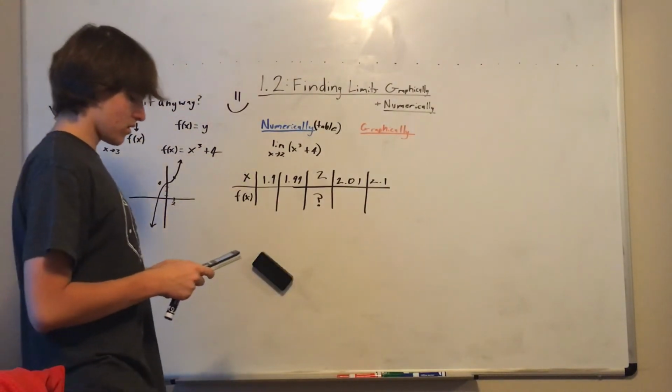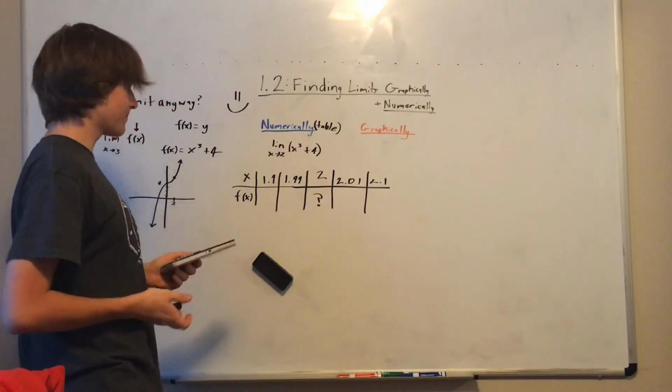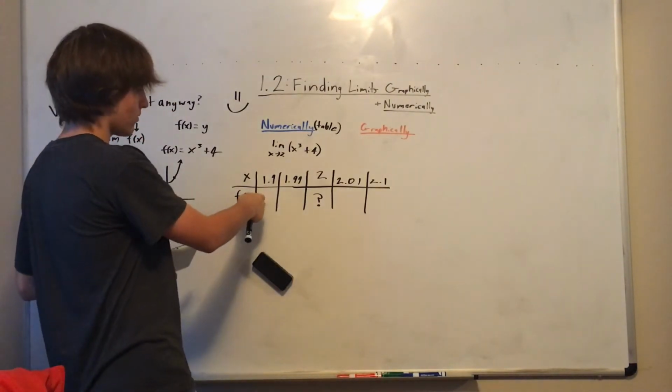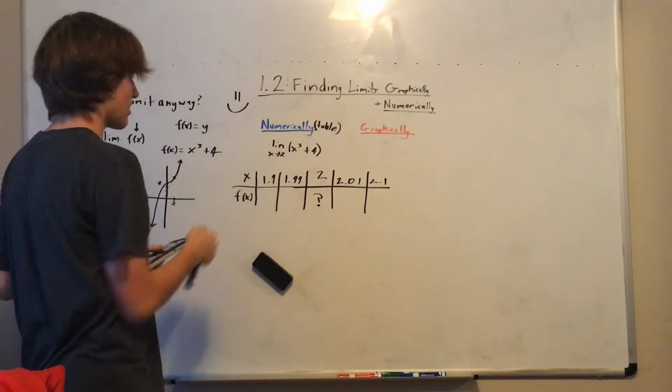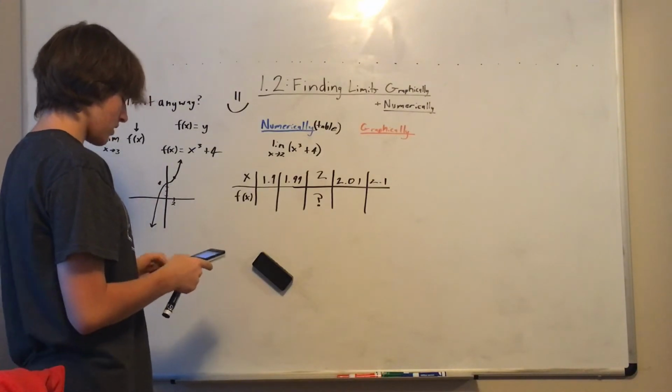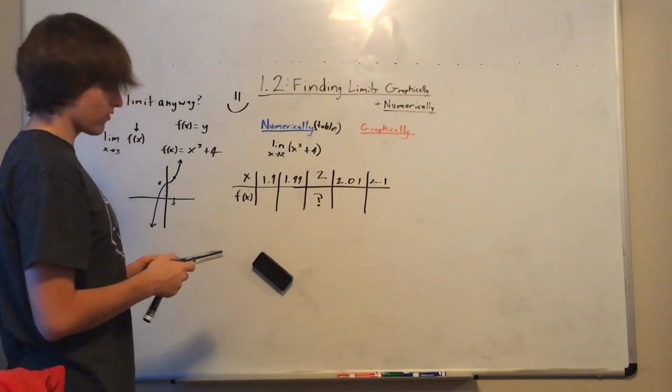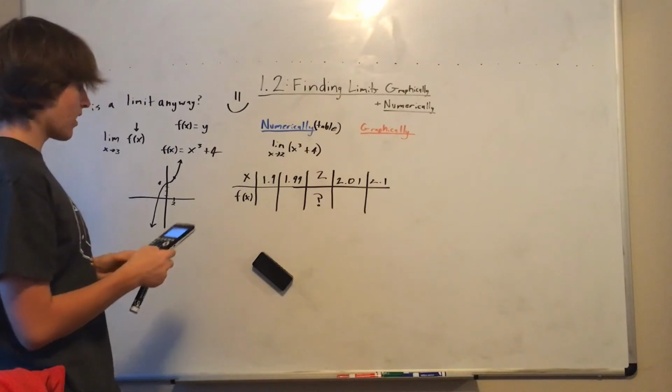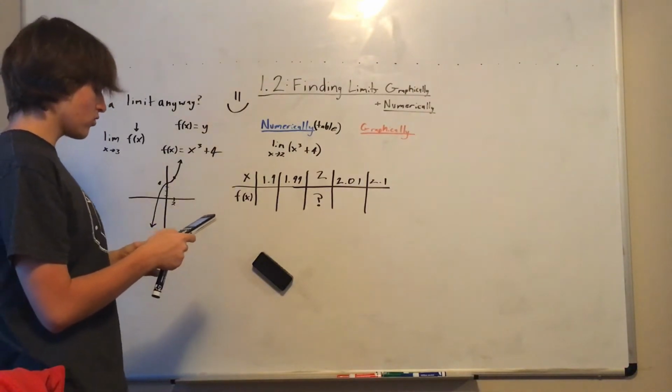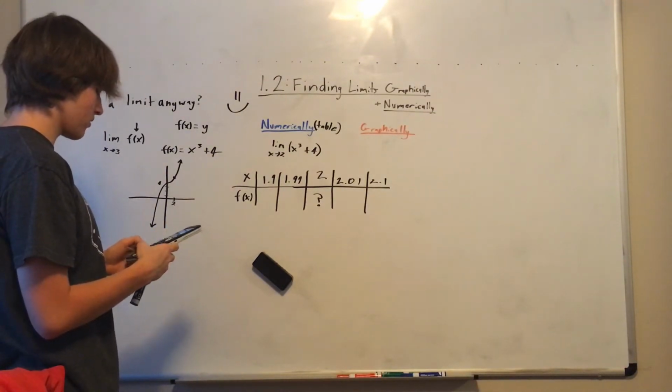So let's see here. If we're going to plug in 1.9 here, we would just say in our graphing calculator, or whatever calculator you have, 1.9 cubed plus 4.